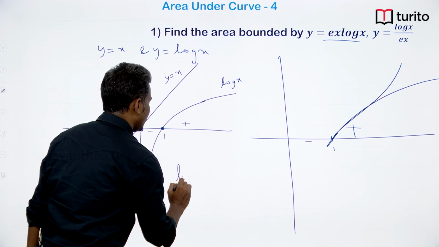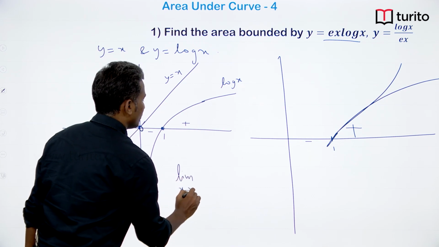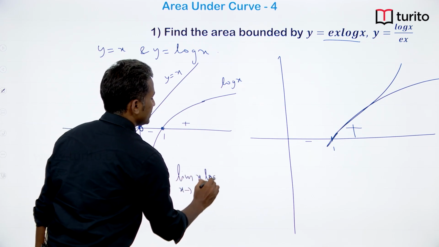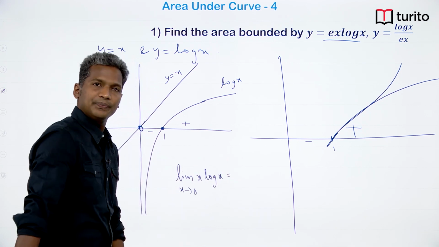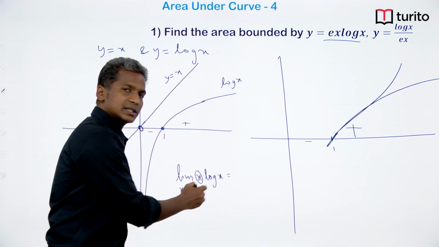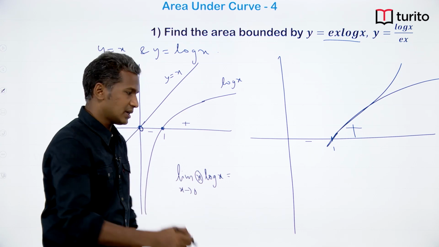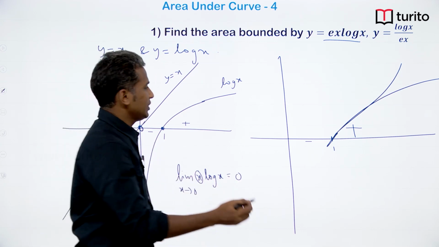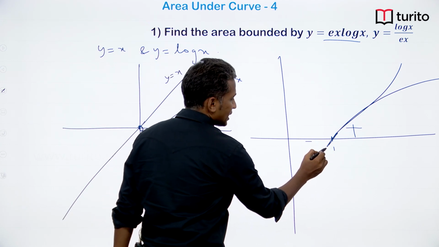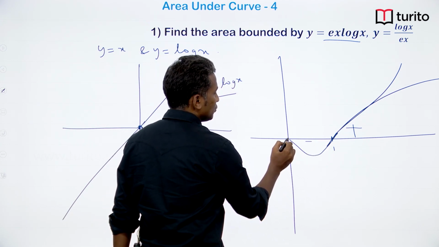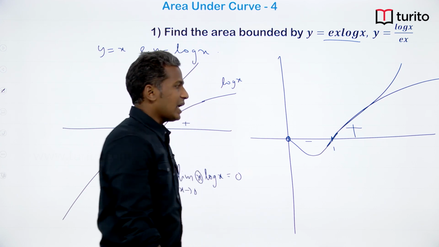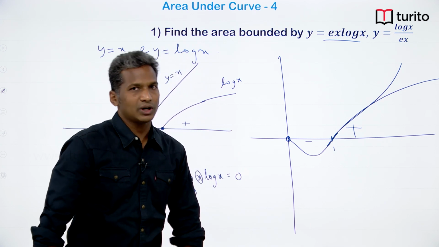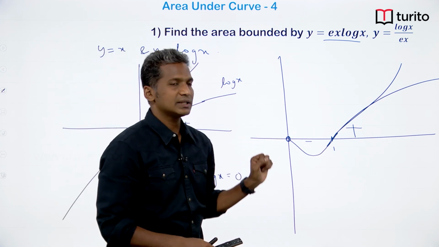When I take the limit as x tends to 0 of x log x, you know how to calculate this limit. We take x to the denominator and write it as 1 by x, differentiate it and do it. Here our limit comes out to be 0, which means this function has to turn and go back to 0. But at x equal to 0, definitely it is not defined. So, we can take this as the graph.